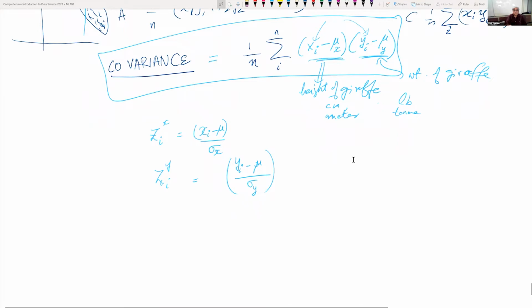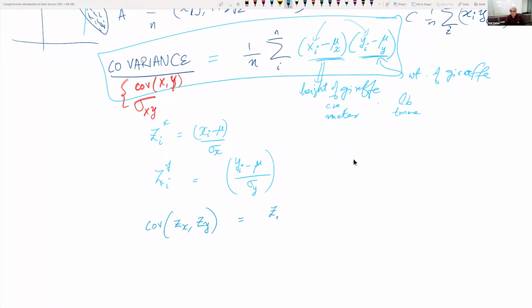People often write this as cov(x, y), or sometimes you write it as sigma x y. All of these notations are common, right? But suppose you do this, as we said, look at the covariance not of x and y, but of Zx and Zy, the standardized values. What does that become? Let's plug this in. It will be Zi minus, now what is the average of Zi?